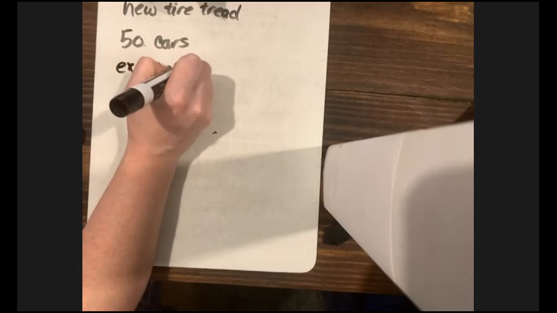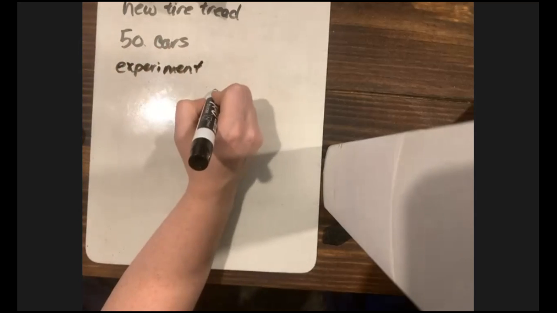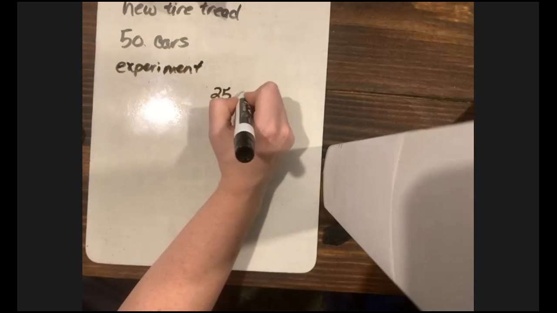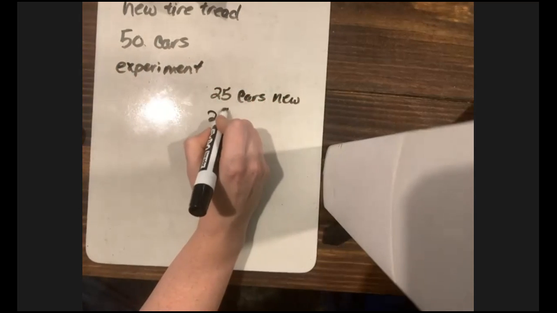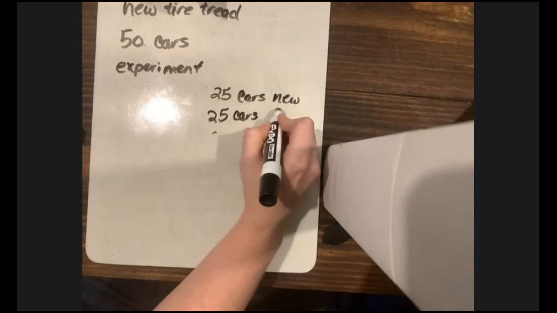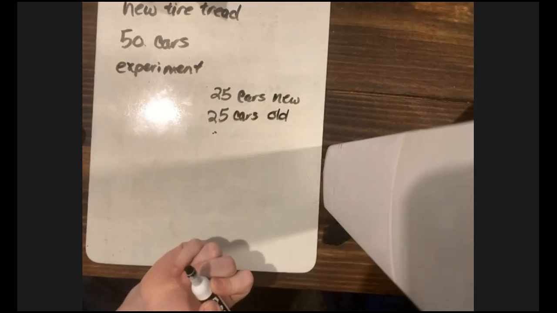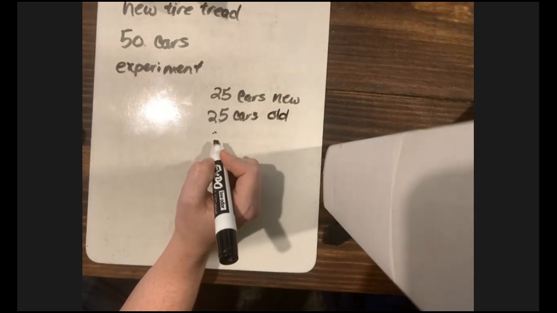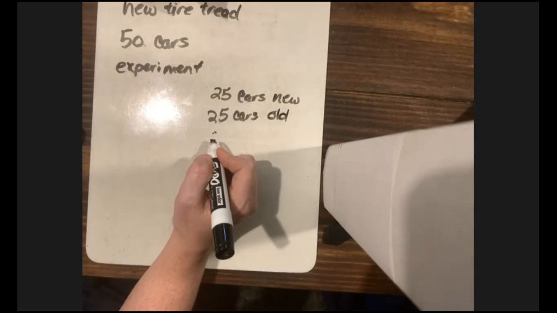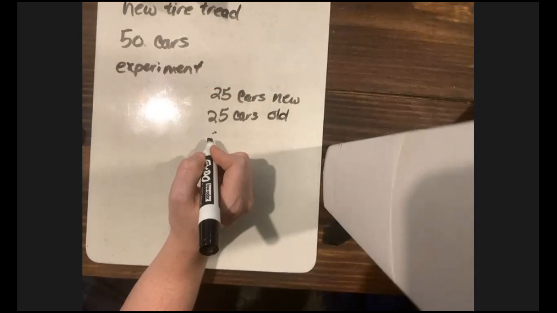The reason is we could do something like 25 cars with the new tread and 25 cars with the old, or existing, type. We could put these under different wet conditions, whether it's light rain or heavy downpour.